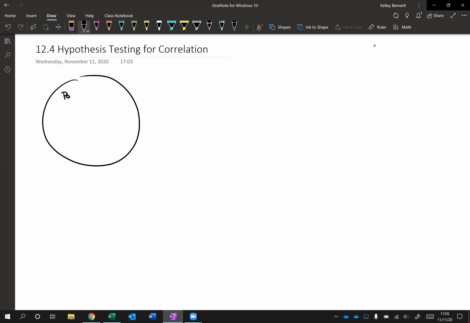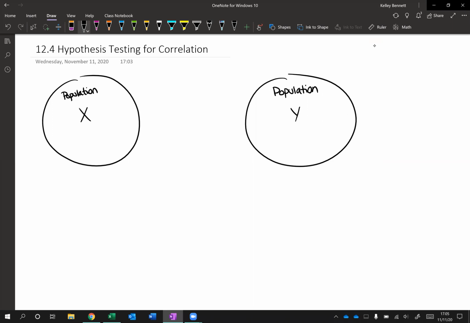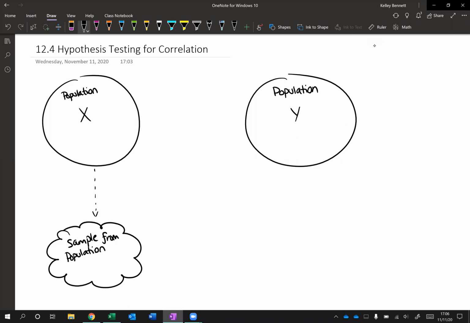So let's say we have two populations, population X and population Y. When we computed our correlation coefficient, we took a sample from population X and we took a sample from population Y.